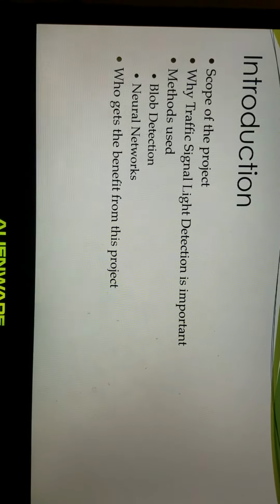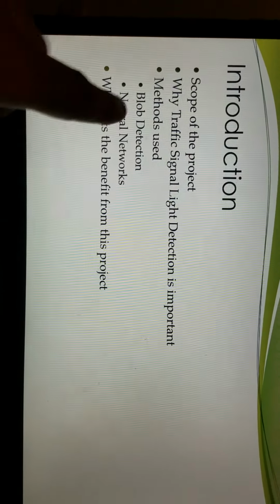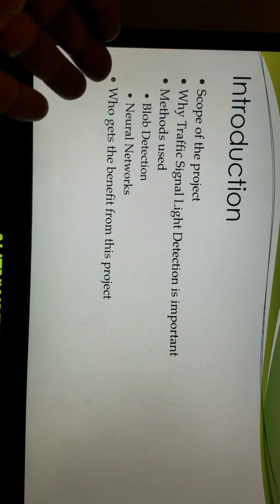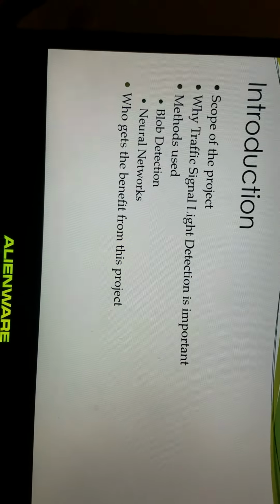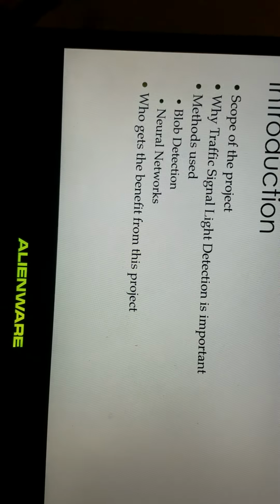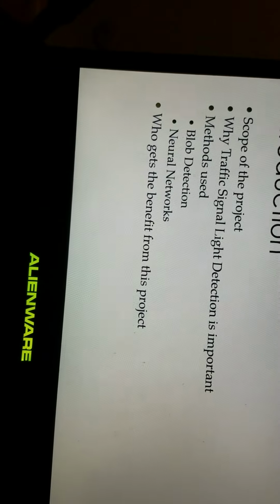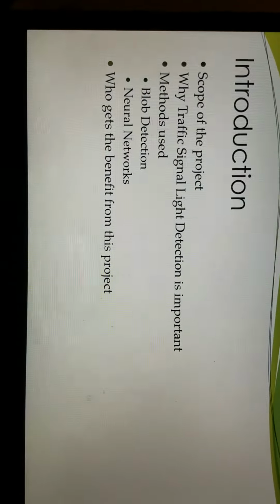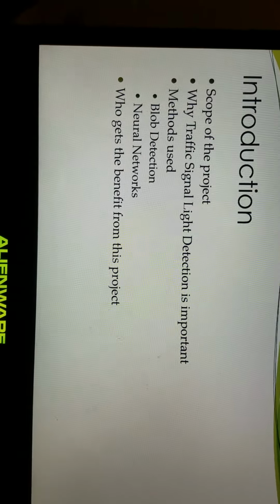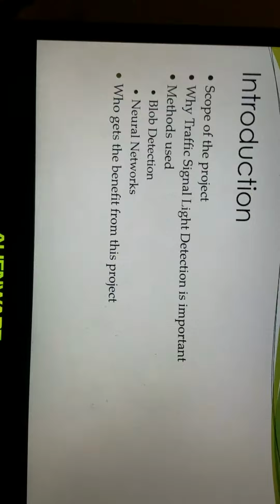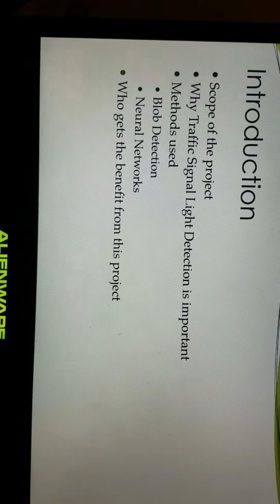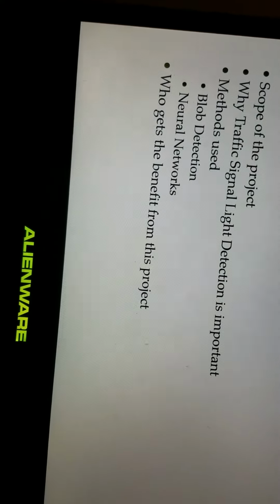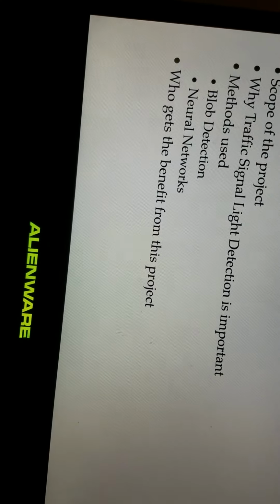Another methodology used here is neural networks. We've used neural networks for the detection of the light signals. What are neural networks? They are artificial computer networks that learn to do a task by considering examples, without task-specific programming. They are inspired by the biological neural networks present in animal bodies, and they're non-parametric.